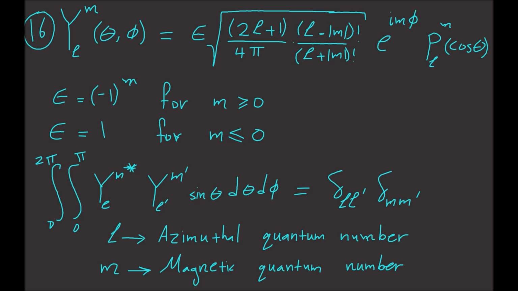So the radial equation, if you remember, this is equation number 7, if I recall correctly.